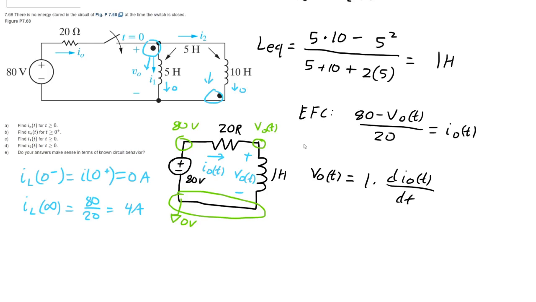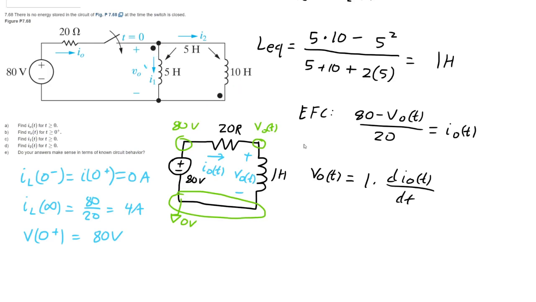We can find out what v_o(0 plus) is. This is different from v_o(0 minus), because v_o(0 minus) is 0, but after the switch is thrown, it's not anymore. Since the current right here is still 0, because it can't change instantaneously, the voltage drop across the resistor is 0, and v_o(0 plus) is 80 volts.